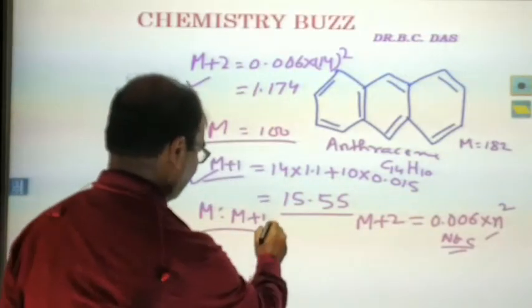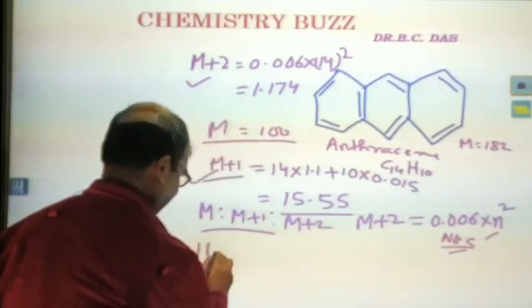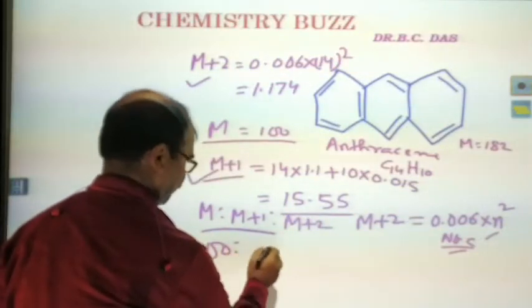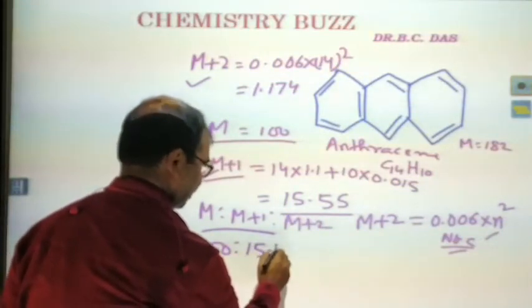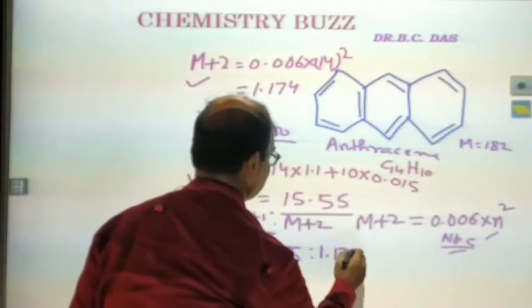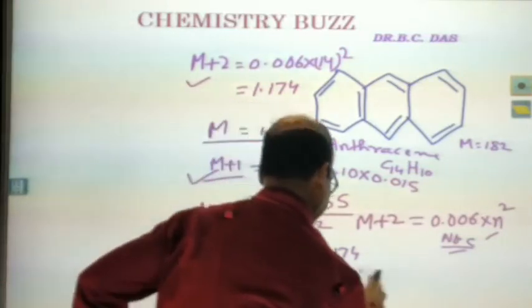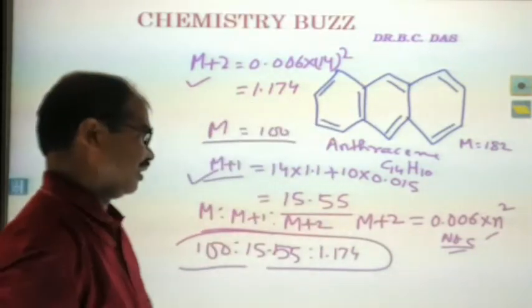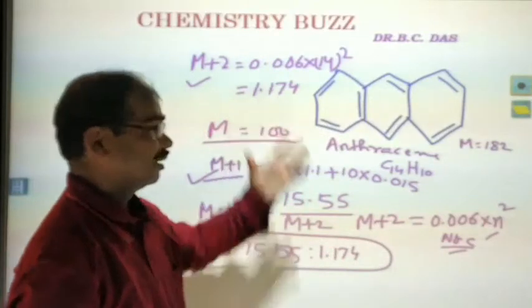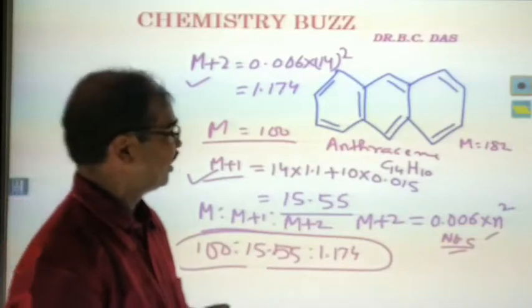M is to M plus 1 is to M plus 2, that is 100 is to 15.55 is to 1.174. So in this way we are calculating the relative intensity of different peaks.